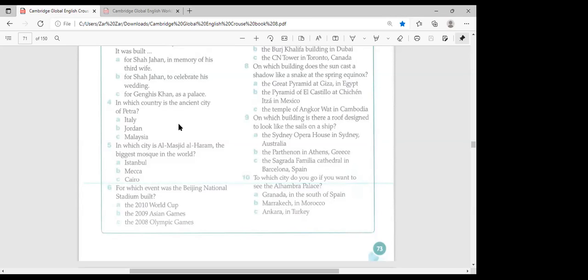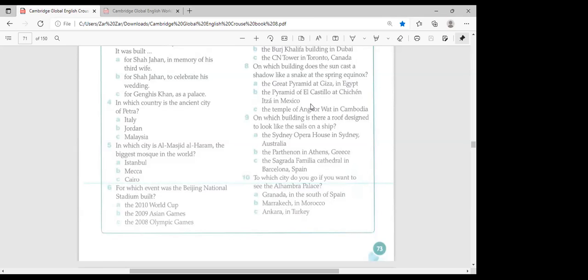8. On which building does the sun cast a shadow like a snake at the spring equinox? The sun casts a shadow in the shape of a snake at the pyramid of El Castillo during the spring equinox in Chichen Itza in Mexico. There is a stone snake's head at the bottom of the pyramid, and the shadow looks like the snake's body.